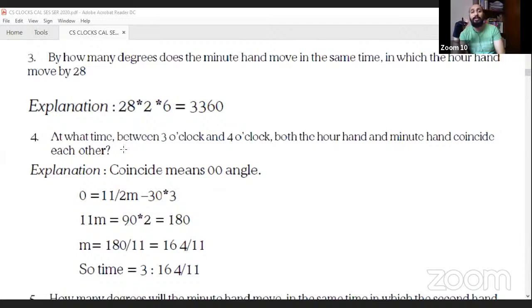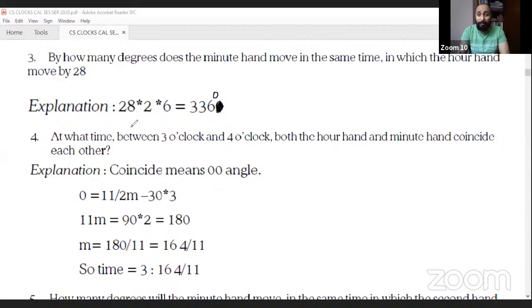So 336 degrees here. Please change it. It is a print mistake. Please make it 336 degrees, not 0 here. 336 degrees it would have moved if this has moved 28 degrees.